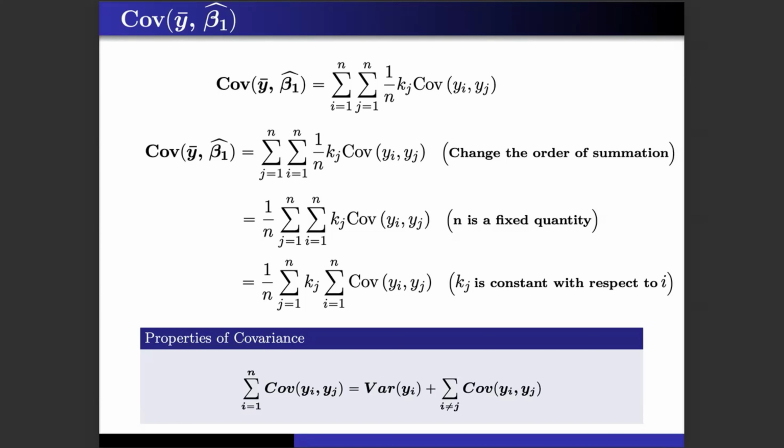To simplify it further, we use another property of covariance. That is, summation of covariance of yi comma yj is equal to variance of yi plus summation i not equal to j covariance of yi comma yj. And when we use this property of covariance over here, we can directly replace this summation over i covariance yi comma yj by this property of covariance.